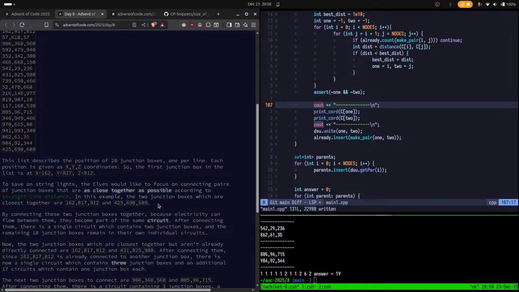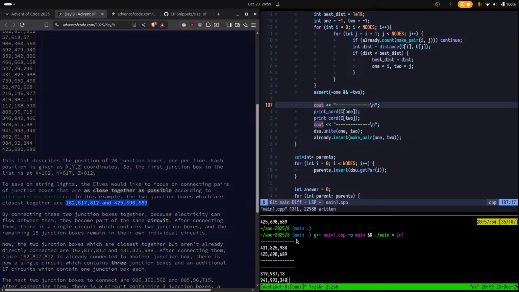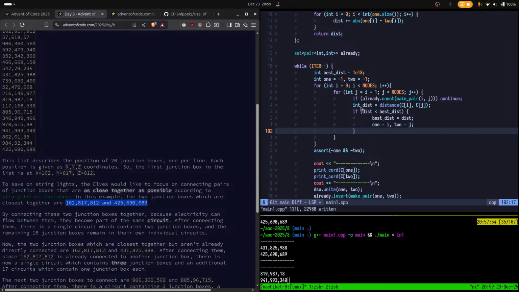The Elves would like to focus on connecting pairs of junction boxes that are as close as possible. This example boxes together are divided and select the straight line distance.